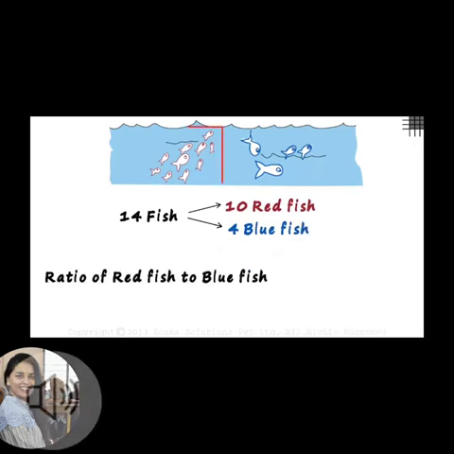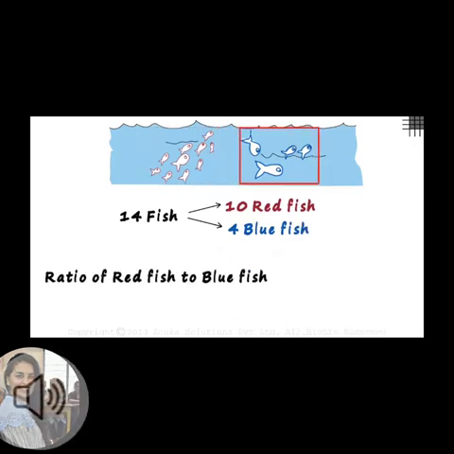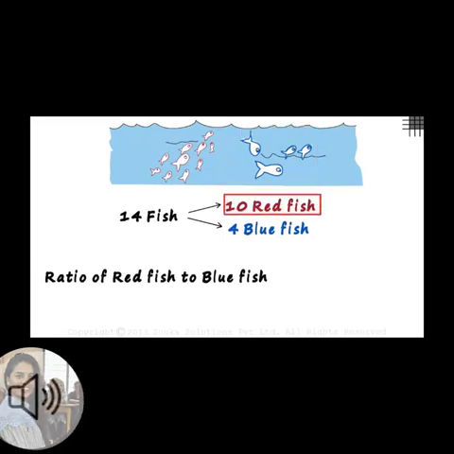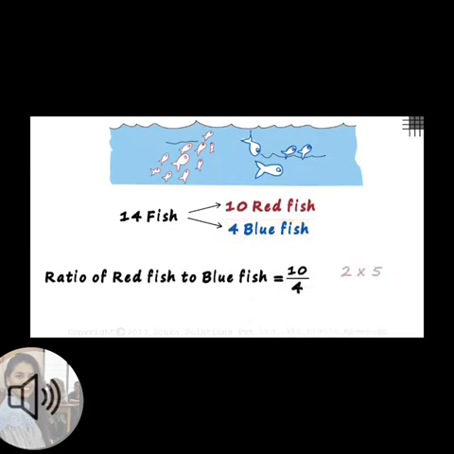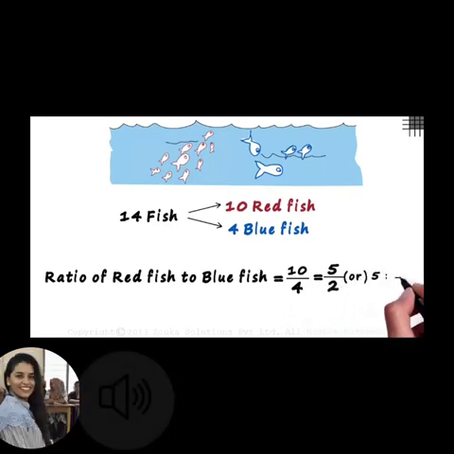Now find the ratio of red fish to blue fish. The ratio will be 10 by 4. Hence, the ratio in the lowest terms is 5 by 2 or 5 is to 2.